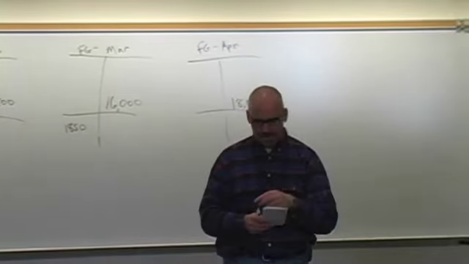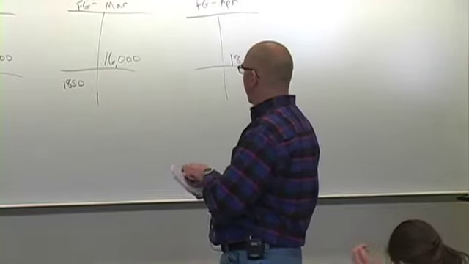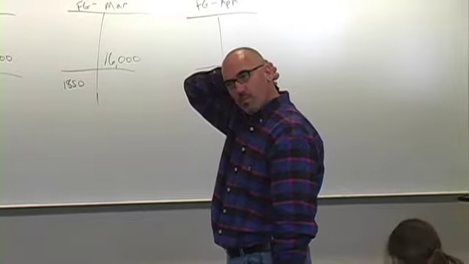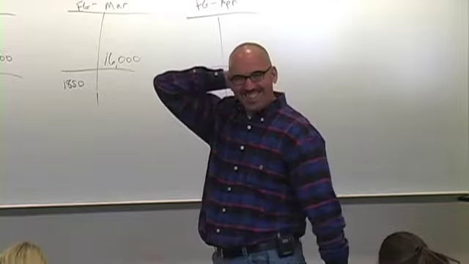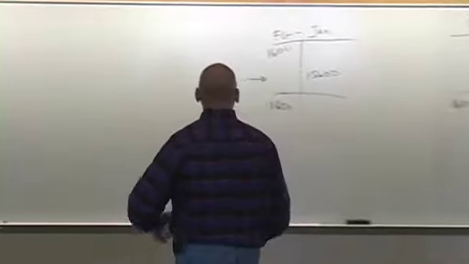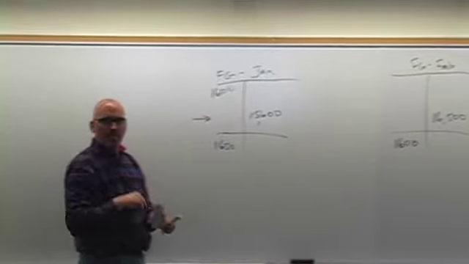Kylie, you get to try something new now. What do we need to do? Find that middle number. Okay. What is the middle number? Give me a name for the middle number.